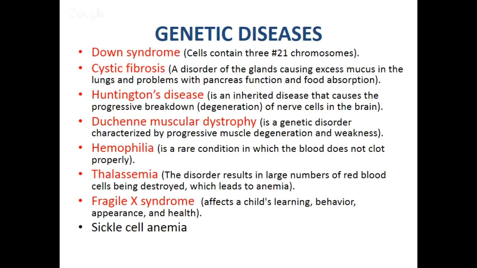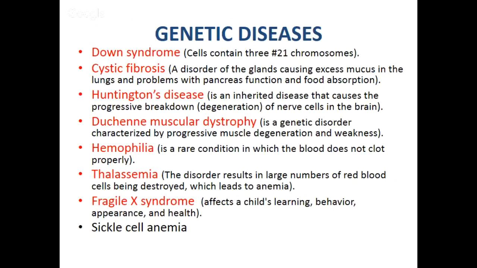It's a rare genetic disorder of the glands, causing excess mucus in the lungs, and problems with pancreas function and food absorption. And there's Huntington's disease. It's an inherited disease that causes a progressive breakdown or degeneration of the nerve cells in the brain. And there's Duchenne muscular dystrophy.